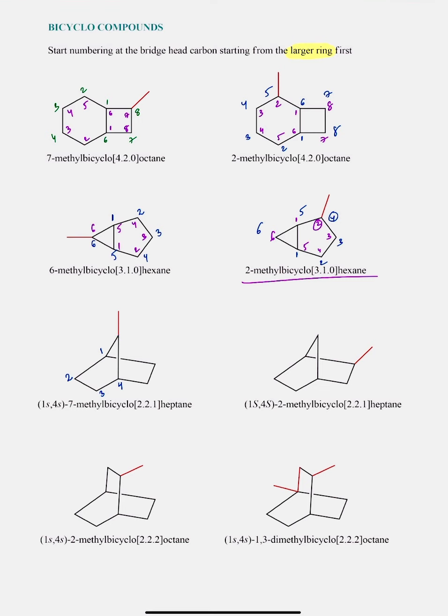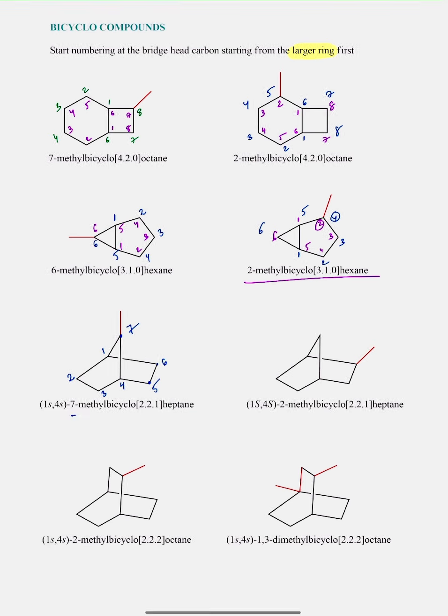So after 4, 5 comes on the right and not on the top. Let me write it down. This is 5, and then 6, and then the remaining number goes on the top. That is 7, where the methyl group is attached. That's why the name is 7-methylbicyclo[2.2.1]heptane.